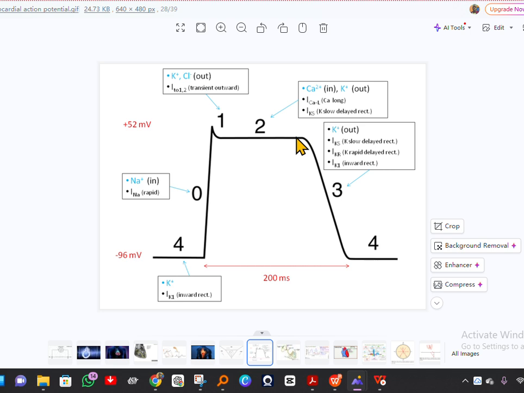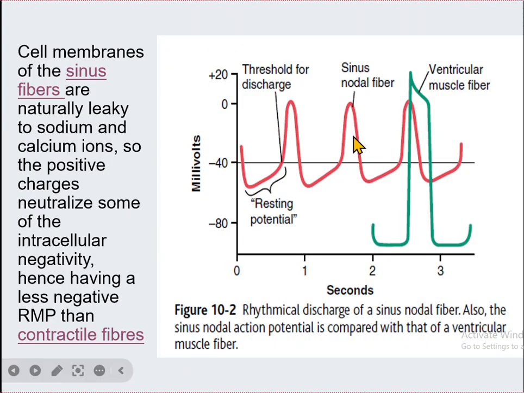Then a time will come when calcium ions will start being exported out of the cardiac cells by those sodium calcium exchangers. Calcium ions are also taken back into the endoplasmic reticulum, but potassium ions will continue moving out, causing repolarization. So this is the normal action potential of the cardiac muscle fibers.